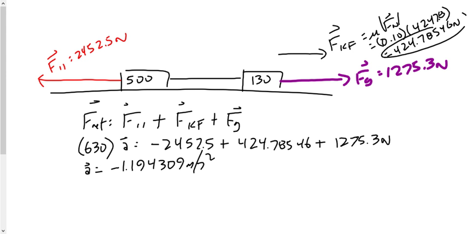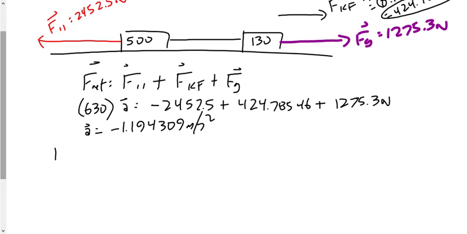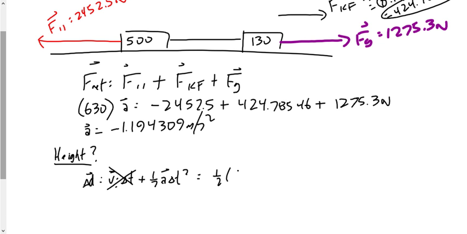Let's find out how high the elevator is after 4 seconds. So let's say D is equal to VIT plus 1/2 AT squared. VI is 0 because this elevator starts at rest. 1/2 of, I'm going to say positive 1.194309.